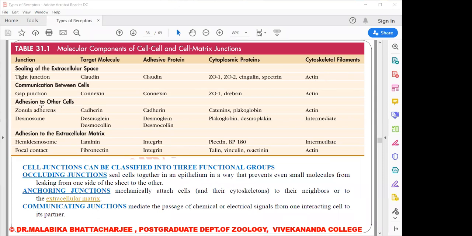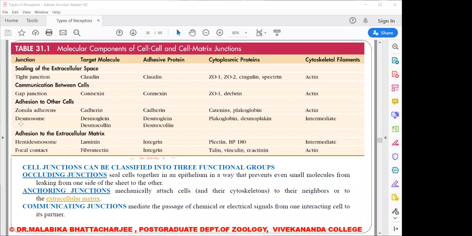Then another junction which we'll be taking up in detail are the gap junctions. The subunits are known as connexin, singular, and connexons, plural. And as you can see, the attachment of the cytoskeletal filament is done by the actin. Then I said we'll be studying another kind of junctions known as the anchoring junctions.